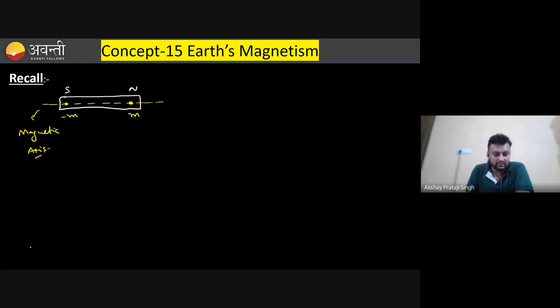Now, one more thing that I will say here, be connected. Only after that you can learn something. Now one more thing that is very simple: magnetic moment. What is the direction of magnetic moment of the bar magnet? Is there anyone who remembers this one?